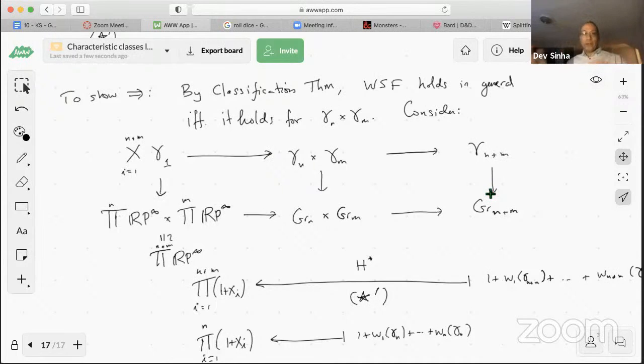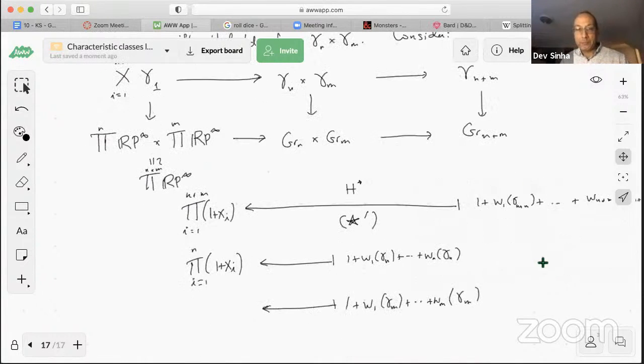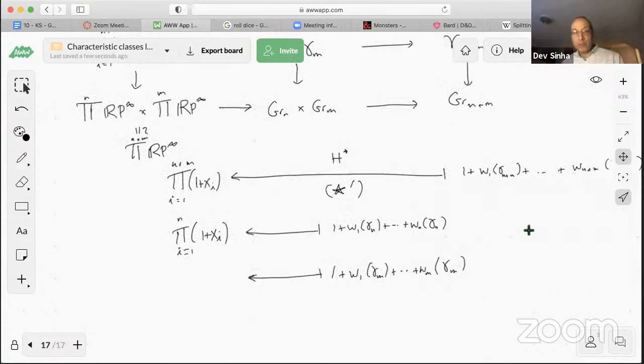And then because exterior direct sum is associative, I don't know if we've proven that, but that's a very useful fact, then we have that this diagram commutes, and then again, this is star prime used 3 times.